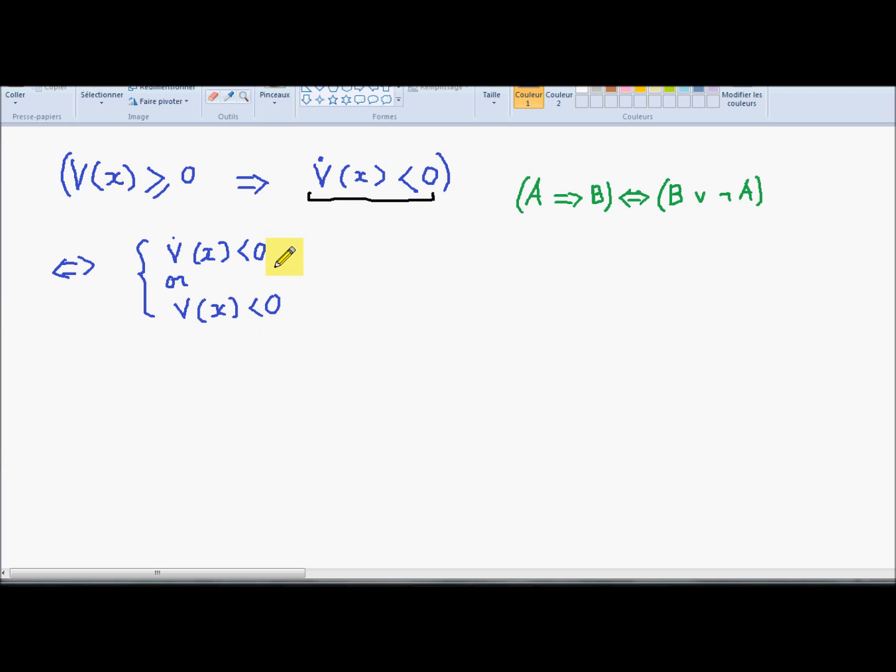Okay, so this is the negation of that. So if you prefer, this corresponds to A, this corresponds to B, this corresponds to B, and this corresponds to not A.